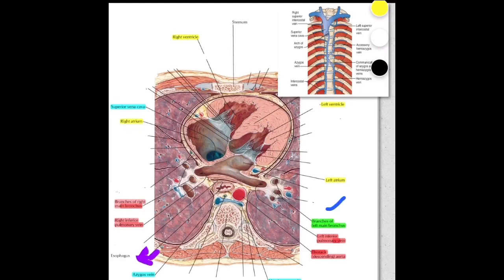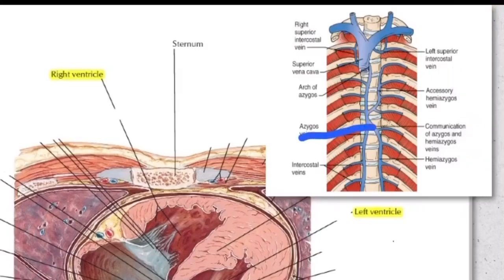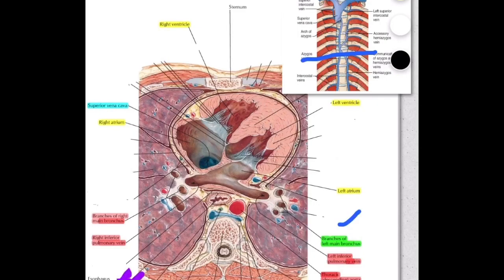Now the other important structure here is the azygous venous system. If I were to draw a section over here somewhere, what would I see? I would see the azygous vein on the right side, as you can see over here. And I told you that in the below sections we have the hemiazygous.